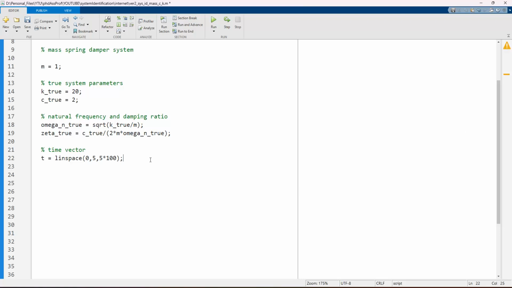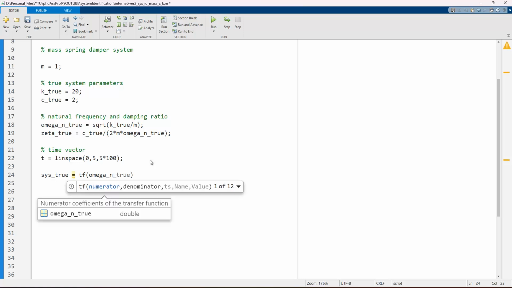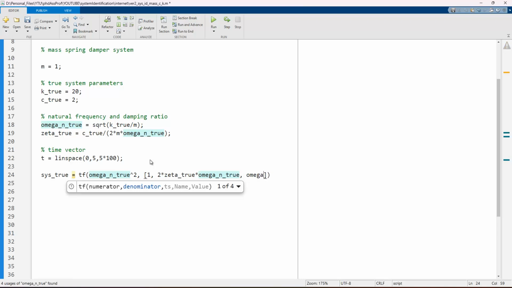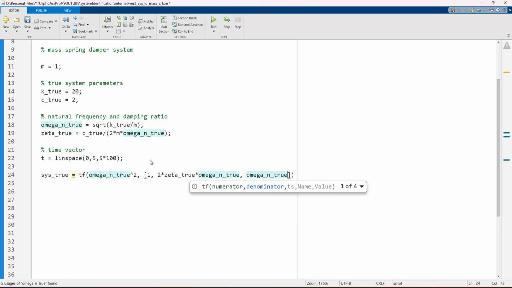Okay, so this system can be defined in the transfer function domain just like this one: omega n true square, and this is the characteristic equation 1, 2 times zeta true times omega n true, and omega n true square.